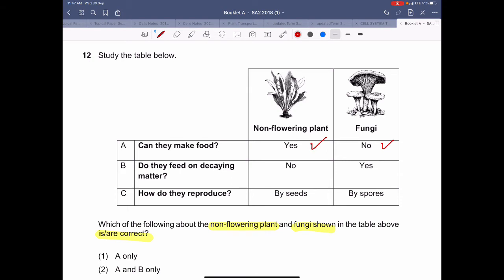The reason why it's able to make its own food is you must understand that it has green leaves. Because it is green, it tells you that the cells contain what? Chloroplast, which then contains chlorophyll.